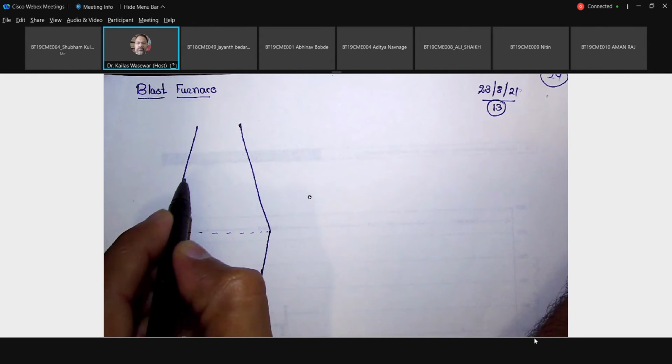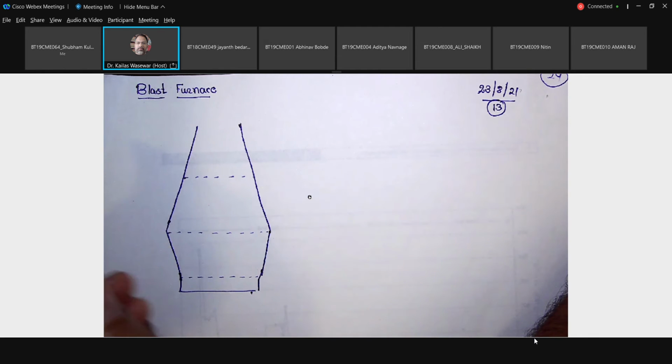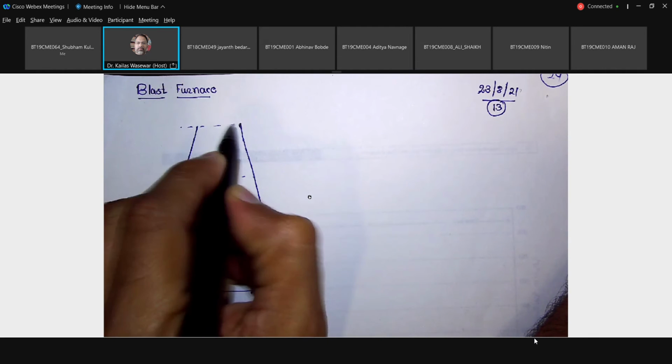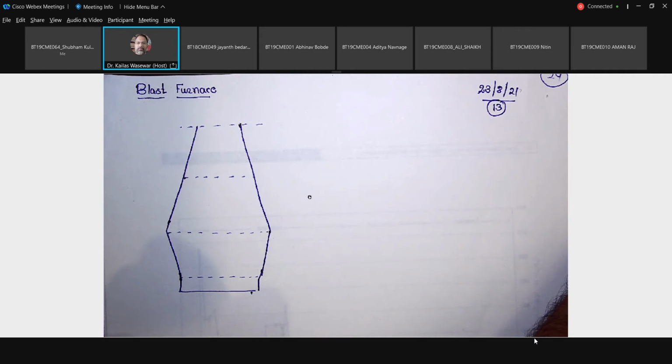So we allow the ores to burn simply, is it? So definitely as we go upward, you will get a smaller particle size.